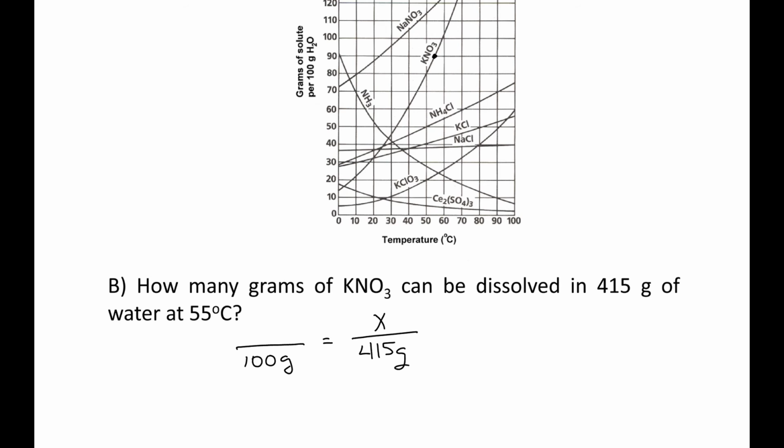So that's 90 grams. Okay. So then your X, you're going to cross multiply, is 415 times 90 divided by 100. Okay, so when we do this, it comes out a weird number, 373.5. We're going to say 374 grams. Okay?